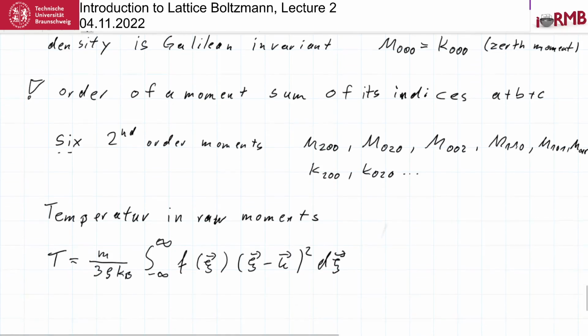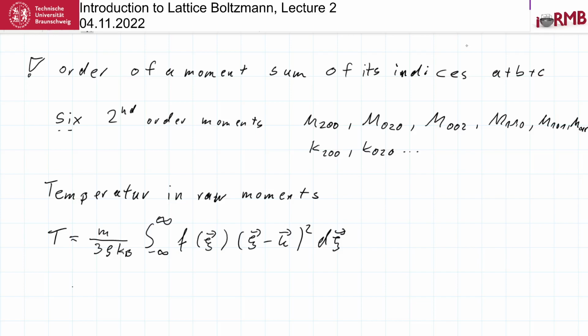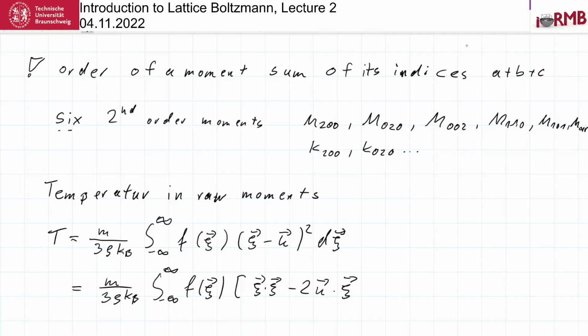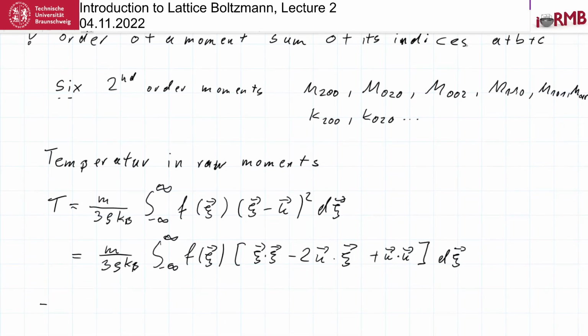Right? So now if we go on and expand this, and I hope I am not miswriting this prefactor, we have f of xi, and if we expand this, we have xi squared minus xi times 2u plus u squared, the binomial expansion, I guess. Now this can also be written in all its components.